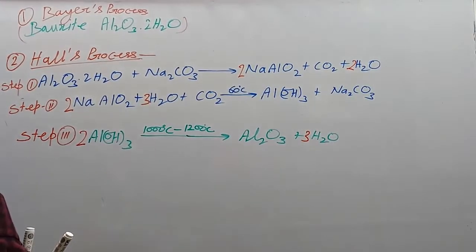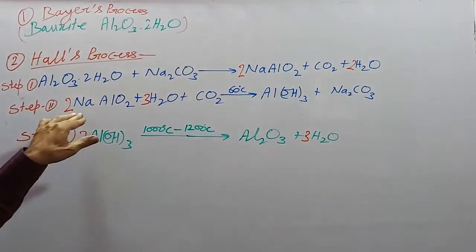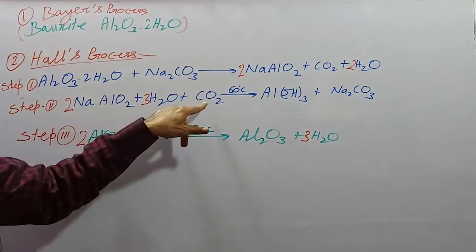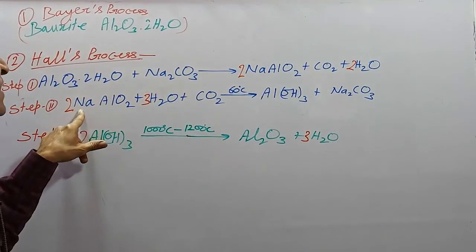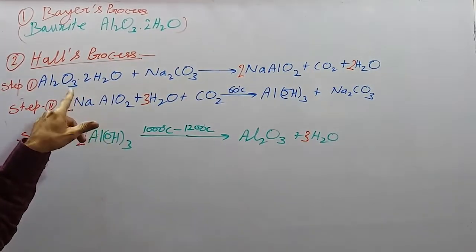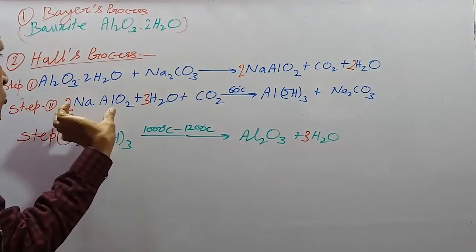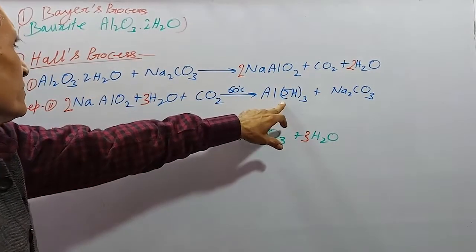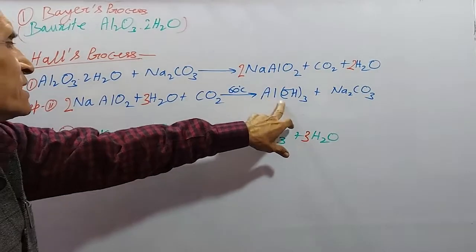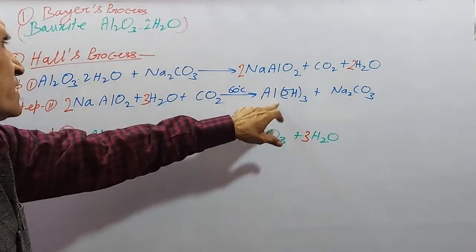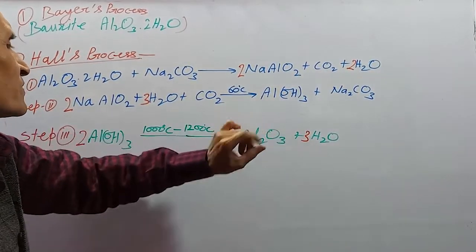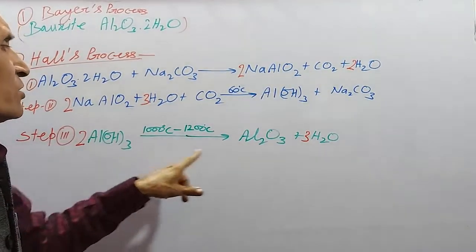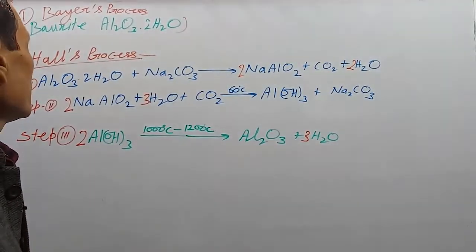Now in this case, sodium meta-aluminate, when carbon dioxide gas is passed in this, then this sodium meta-aluminate is converted into aluminium hydroxide. This aluminium hydroxide precipitate formed over here is, in third step, heated strongly to get pure alumina or bauxite.